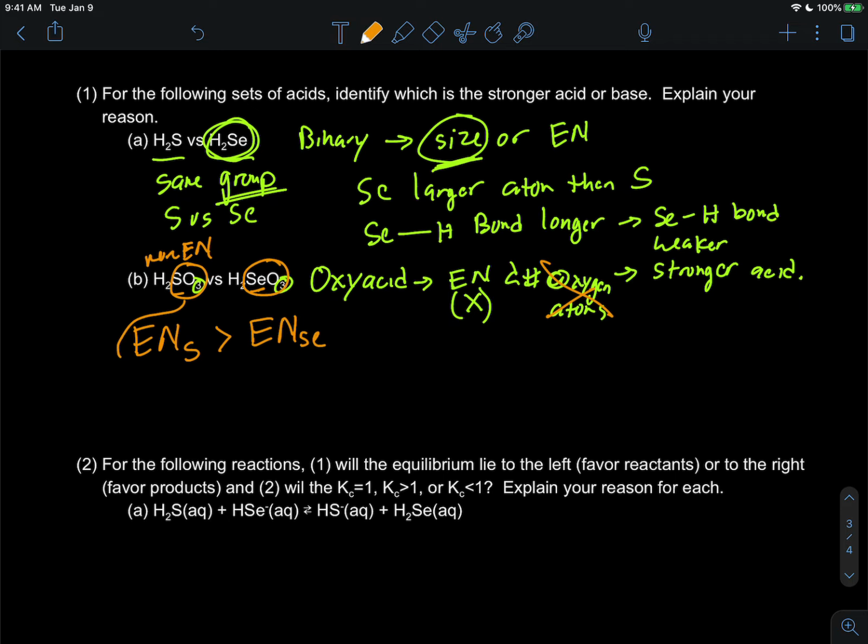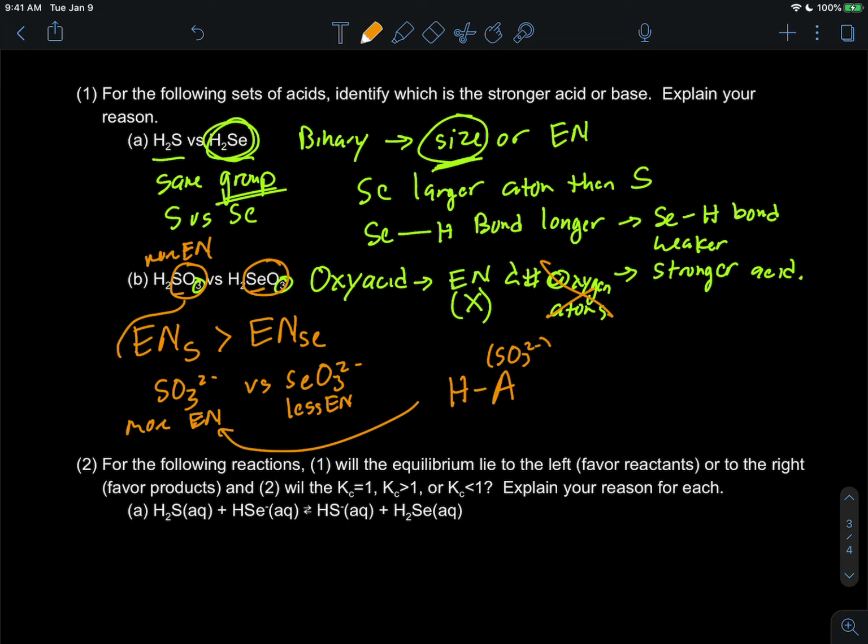So we think of the SO3 2- versus the SeO3 2- group: this is going to be a more electronegative group, and this is going to be a less electronegative group. And because of that, the hydrogen to that whole group, we're just going to call A, which would be our whole group, that's our SO3 2-.